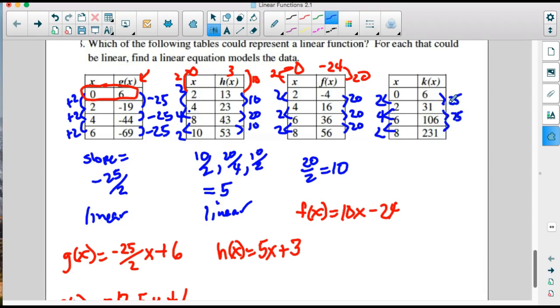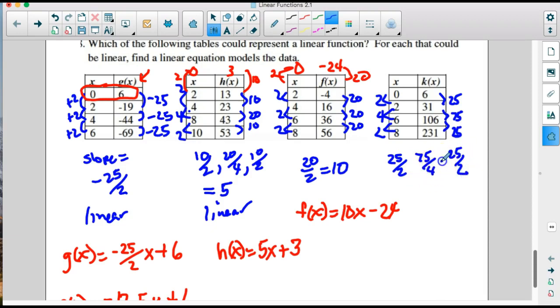Let's just make sure I did that right. 106 subtract 31. Yep. And this one is 25, I believe. 25, and that, yes, is 31. Okay, so let's check this again. The ratios here are 25. Since they're not the same like this one, we got 25 over 2, 75 over 4, and 25 over 2.